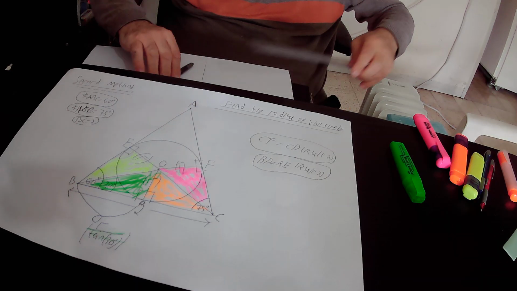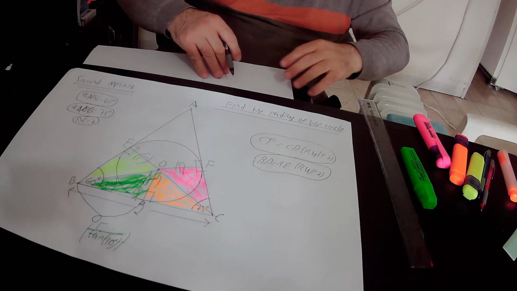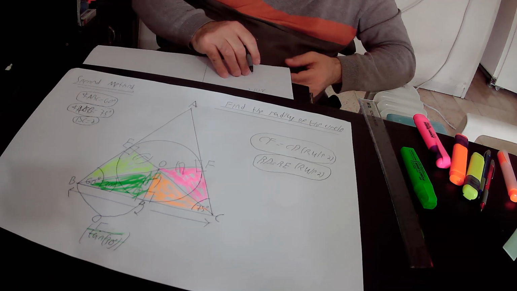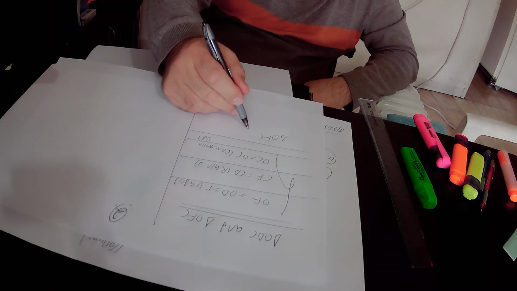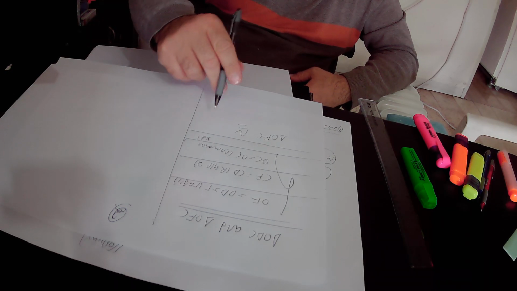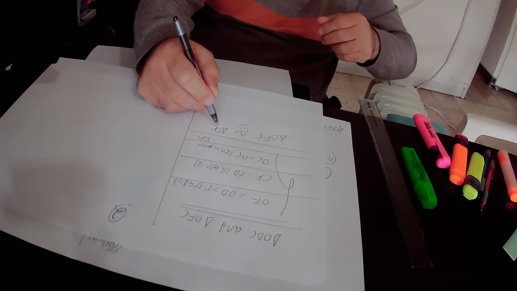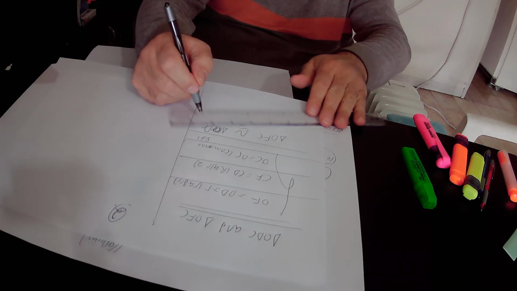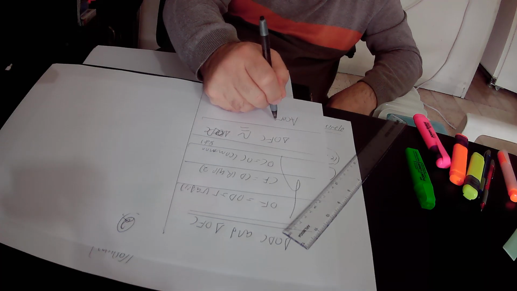So I write it down. We proved that the pink triangle OFC is congruent to the orange triangle ODC, and they can go into each other according to side rule.